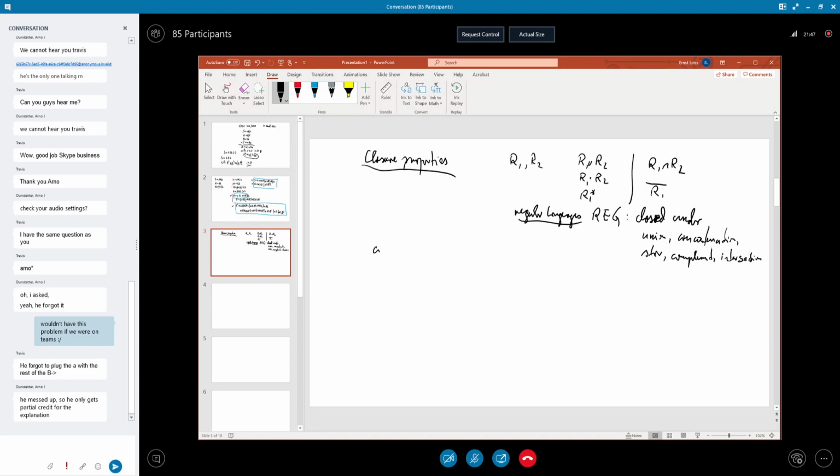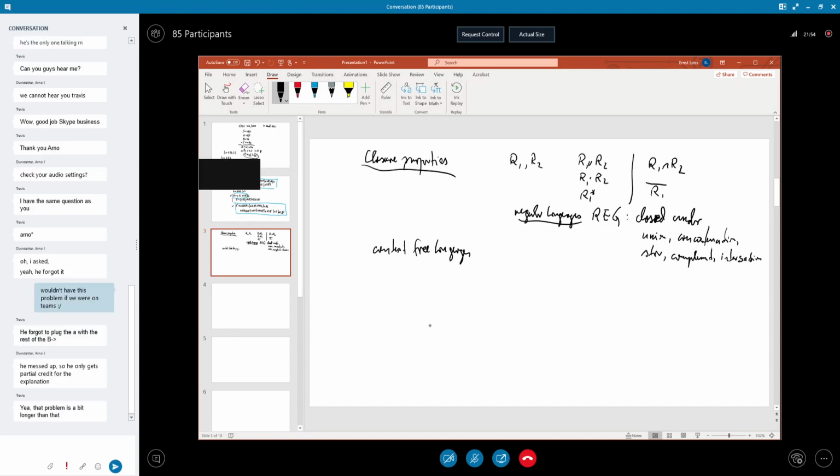CFL. And so we have two languages, L1 and L2, that are context-free languages. And we are interested in finding out whether the union of these two arbitrary context-free languages is a context-free language or not.